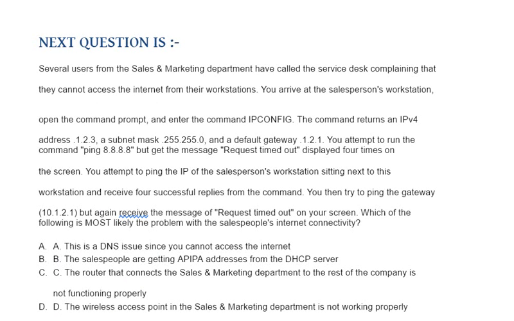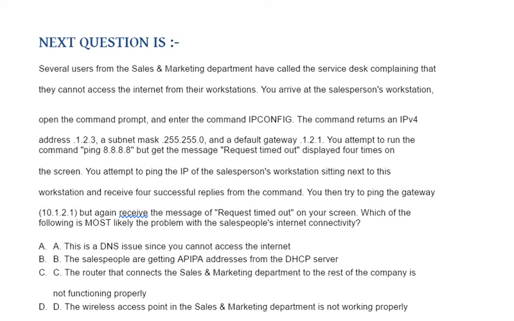Next question is, several users from the sales and marketing department have called the service desk complaining that they cannot access the internet from their workstations. You arrive at the salesperson's workstation, open the command prompt, and enter the command of this. The command returned an IPv4 address this, a subnet mask of this, and a default gateway of this.